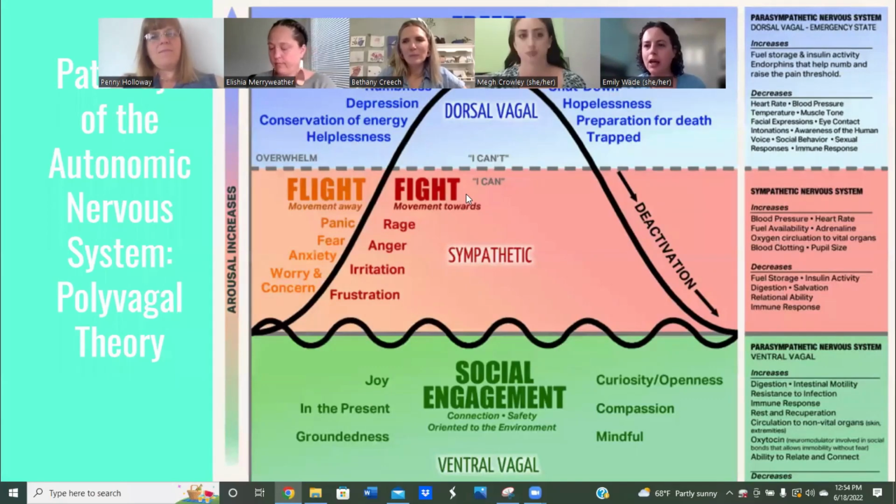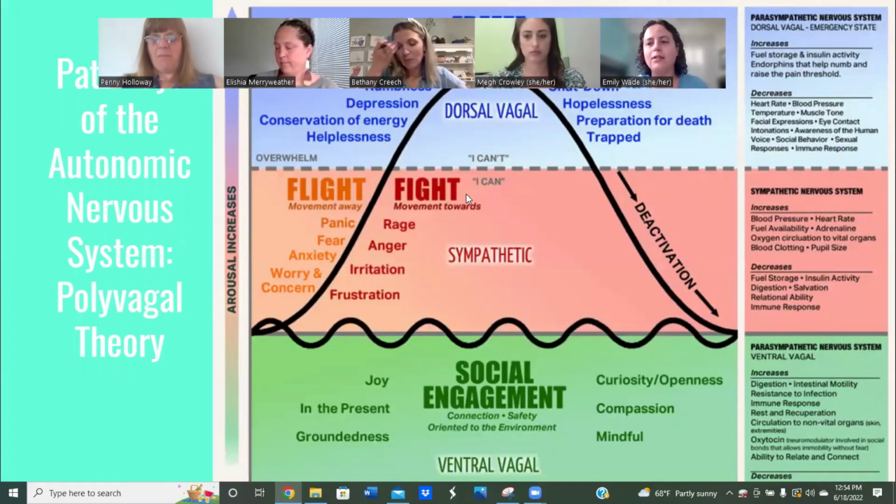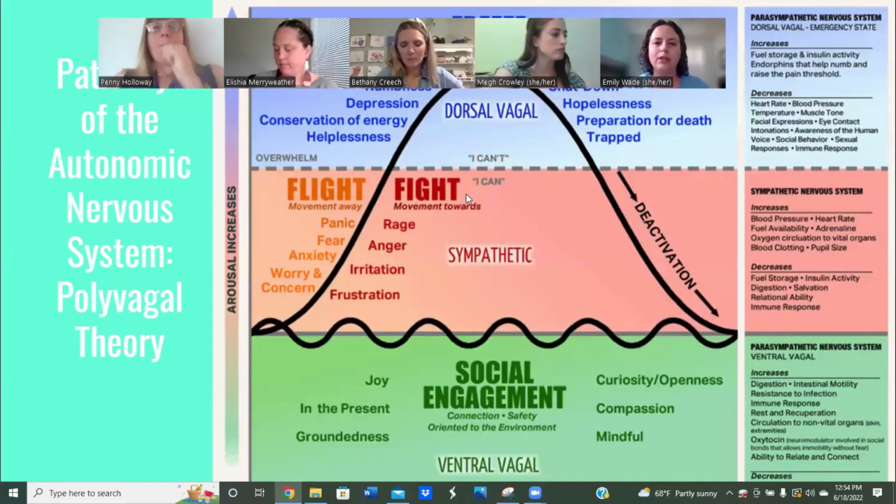Obviously no emotion is good or bad, but when we're getting into these fight or flight responses and freeze responses, that is our body responding to danger. Those are not states we want to stay in because they are stressful to our body and can cause damage in the long run, especially when you're talking about trauma.